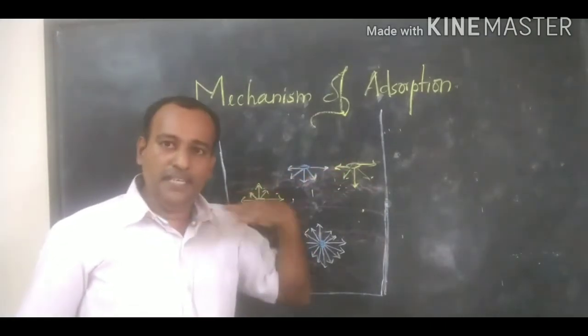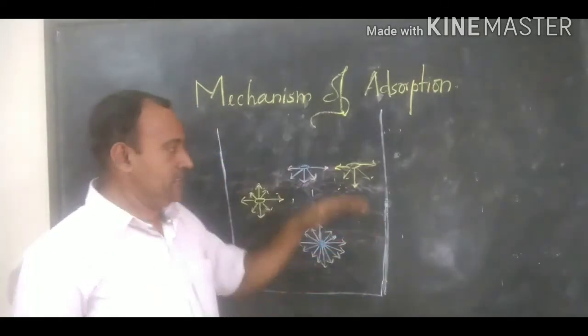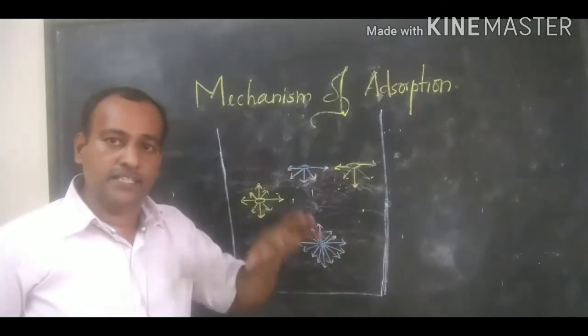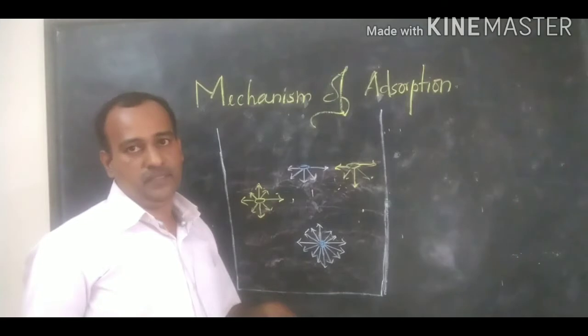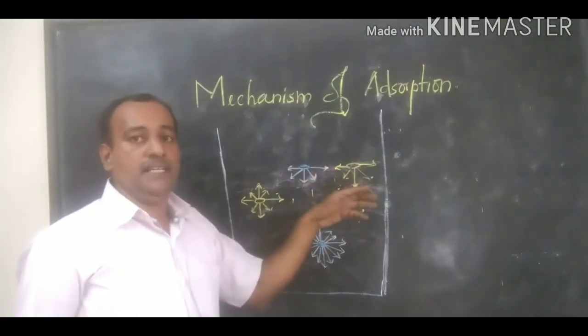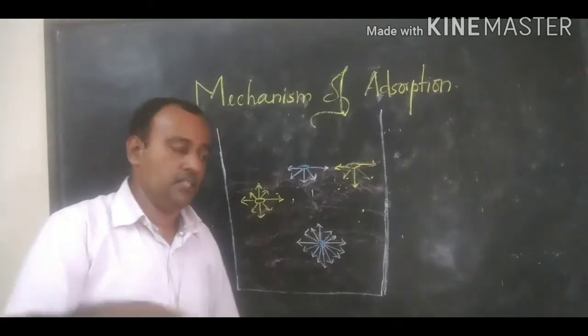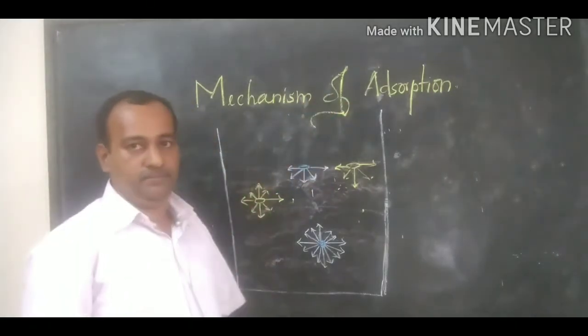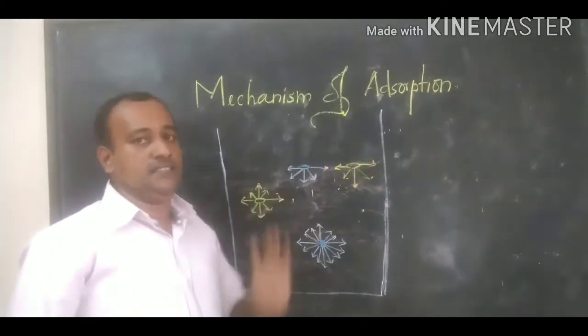So to nullify the effect of the unbalanced force acting on the surface, the surface particle attracts particles from the medium. So the particle from the medium gets adsorbed on the surface.